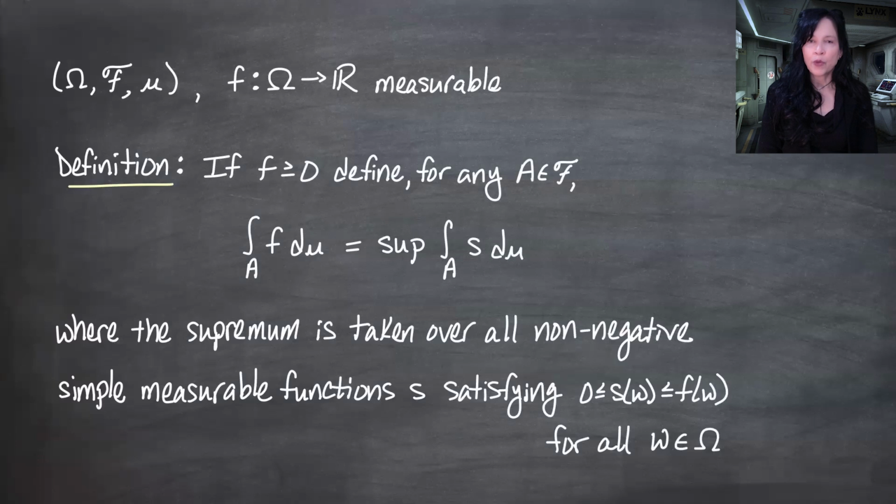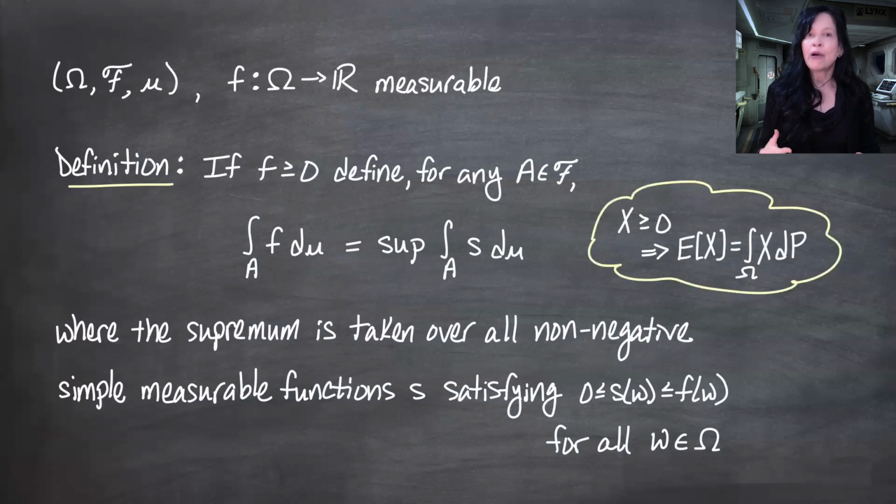And we noted last time that the original definition of an integral for a simple function, on the previous slide, and then this supremum definition, looked a lot like how we approached expectation when we were in a probability space and talking about a random variable X. In fact, in this notation, for a random variable X greater than or equal to 0, we now have that the expected value of X is the integral over Omega of capital X dP, because what is a random variable but a measurable function?